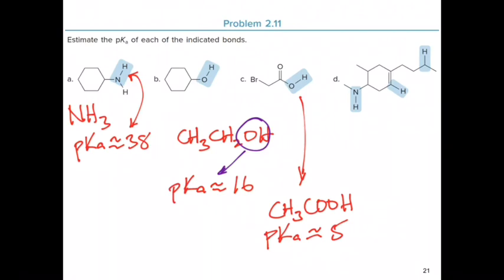And the last one here has 3 different types. And so when you look at the first one, this one right here, this is essentially the same as this one over here, the first one. So the pKa should also be roughly 38.